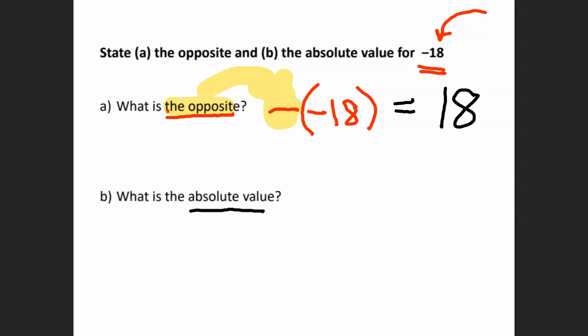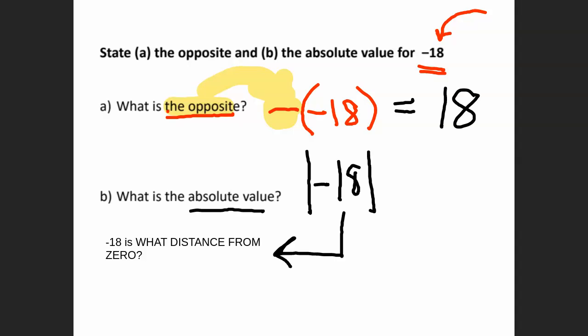The absolute value, well, that means I have bars and I'm putting negative 18 inside. You are asking yourself, negative 18 is what distance from 0?